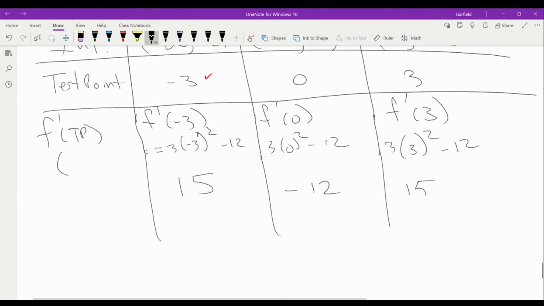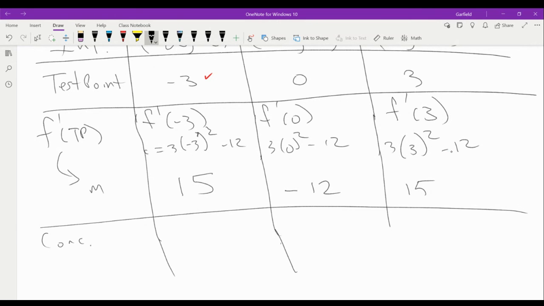So when we find this, what we're really finding is the slope. And from the slope, we can conclude, if the slope is positive, is the graph increasing or decreasing? Increasing. So this graph is going up like this. This is decreasing, so it's going down like this. This is increasing, so it's going up like that.